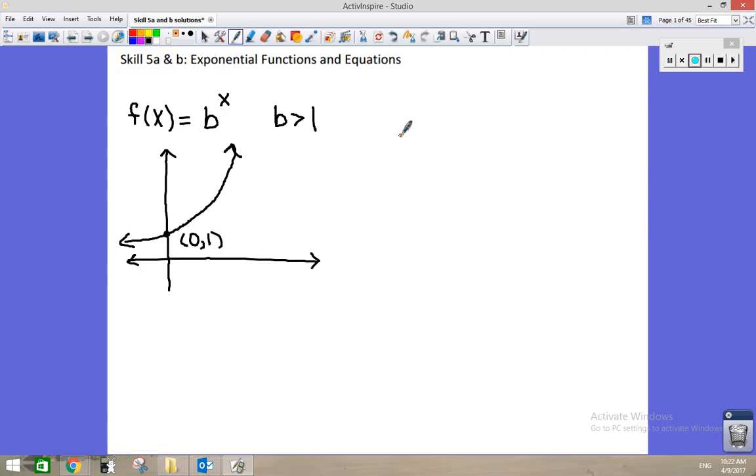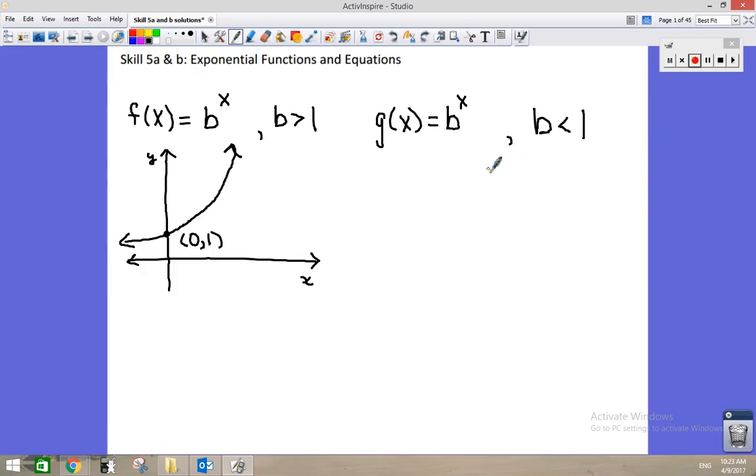Now, if we have another exponential function, b raised to some power, but this time let's say that b is less than 1. It's some proper fraction, 1/2 or 2/3 and so forth. If we take a look at what the graph looks like, it is not an increasing function.